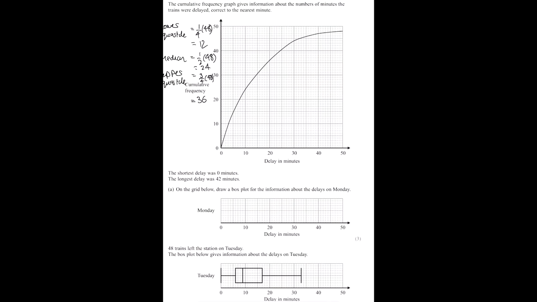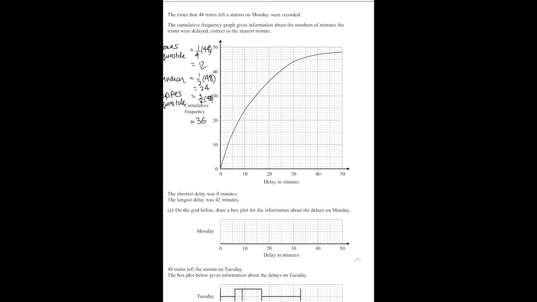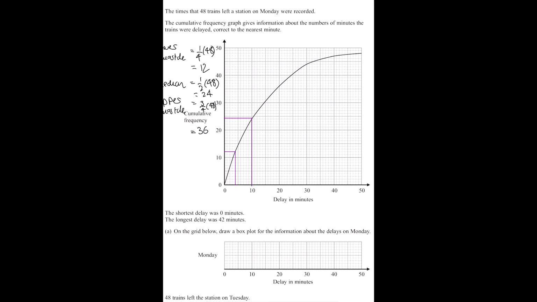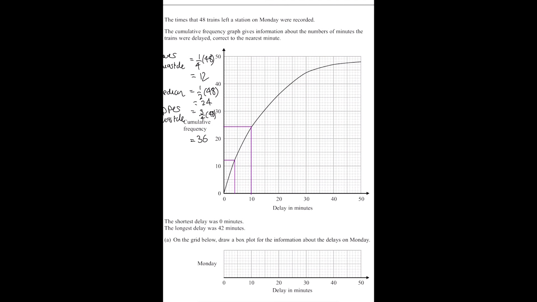Now that we know that, let's plot those lines and see if we can read off. So 24 would be somewhere here, 12 would be here, and 36 would be here.